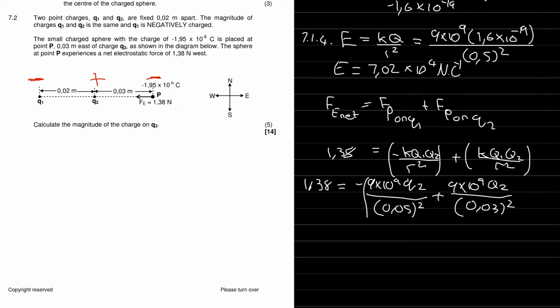We're looking at this distance here. Then if you do the maths by getting a common denominator and simplifying the terms, and then dividing by that, you'll get Q2 is equal to 1.11 times 10 to the negative 7 coulombs.